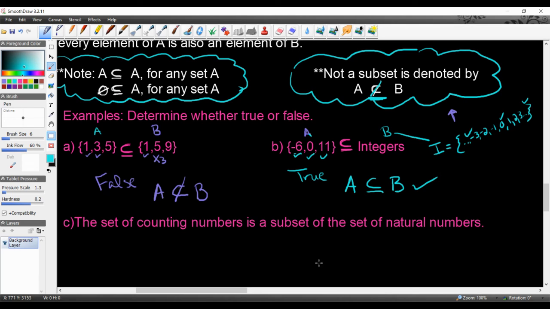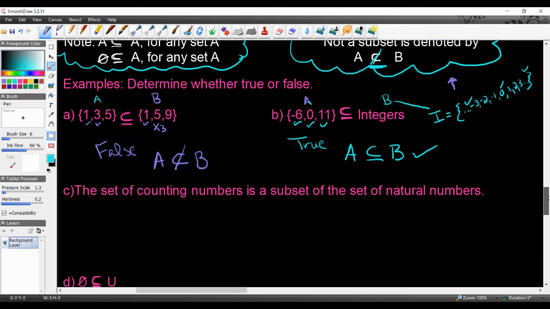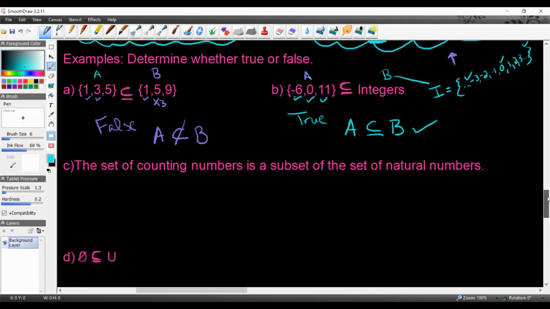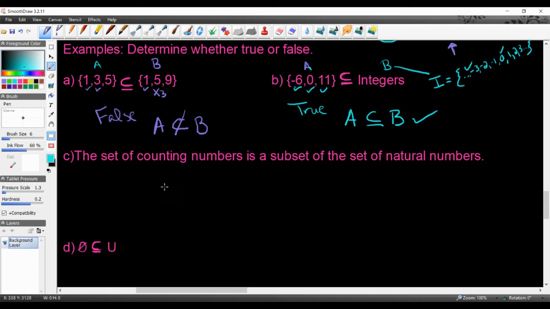Okay, and finally, not finally, we have two more. So almost finally, the set of counting numbers is a subset of the natural numbers. So for this one, you kind of have to go back to the section we did before, section 2.1, and we did in fact note that the counting numbers are the same as the natural numbers. So these are the same.